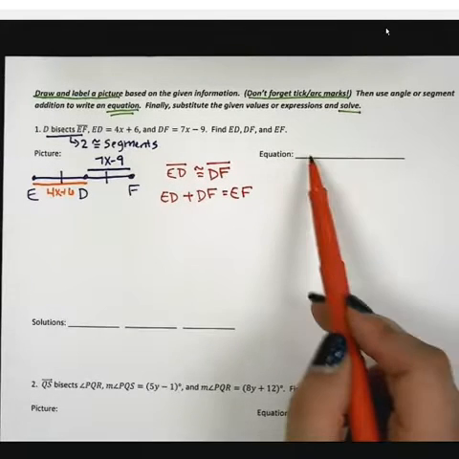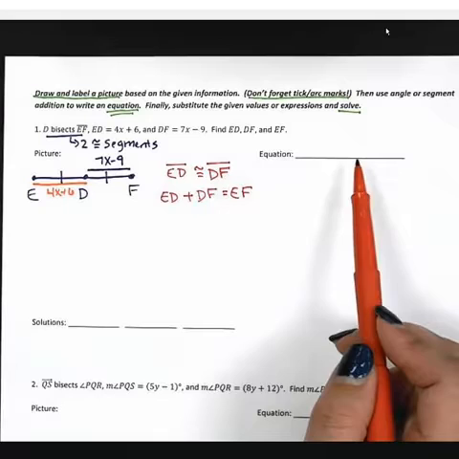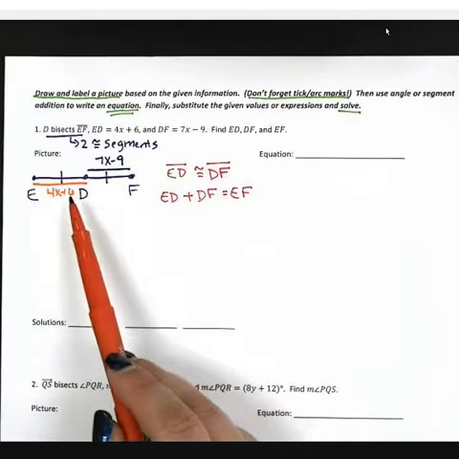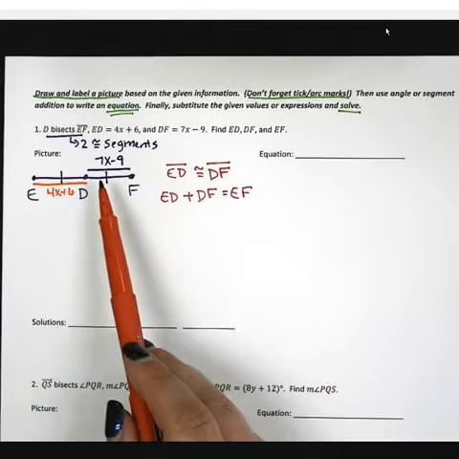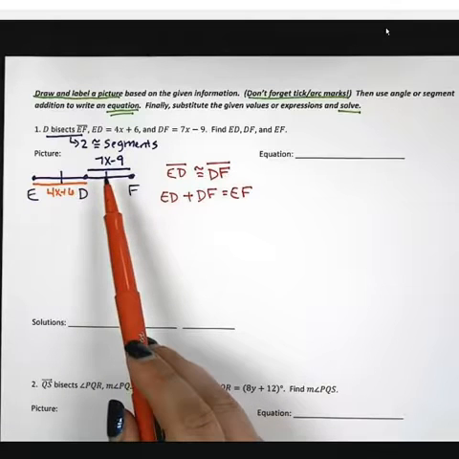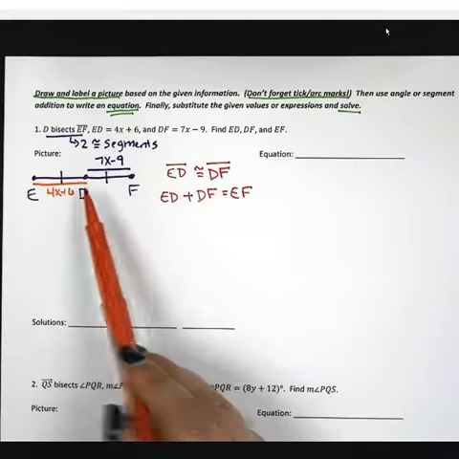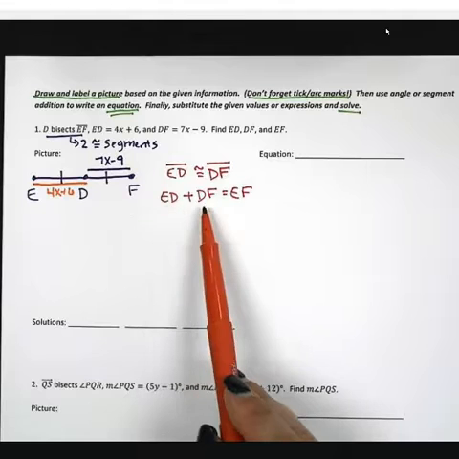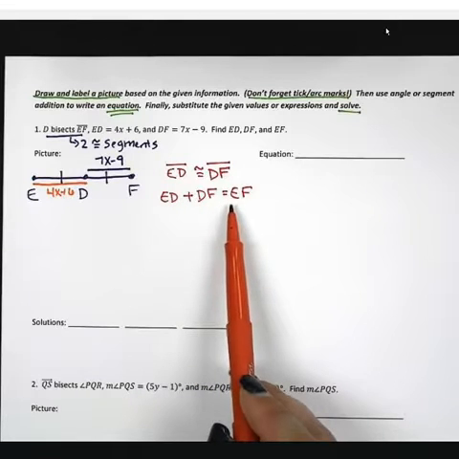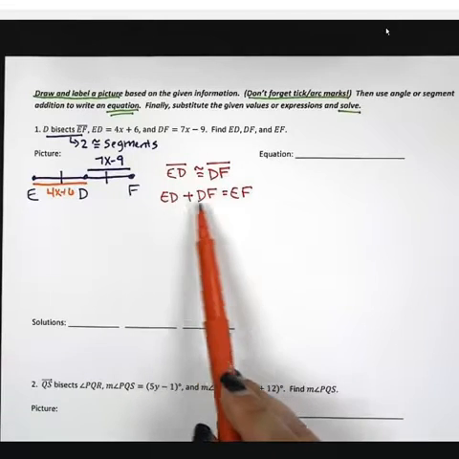So we need to decide what actually goes here. Well, in this particular problem, we're only given the two small pieces. And so we don't really have anything where we could say, oh, ED plus DF equals EF. So we can't really use this equation right now.